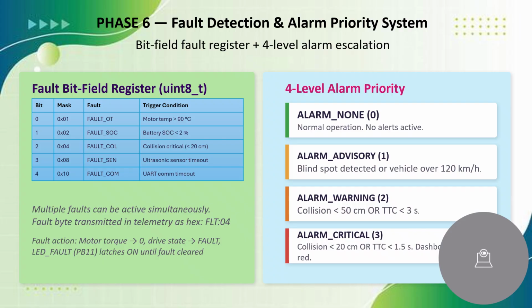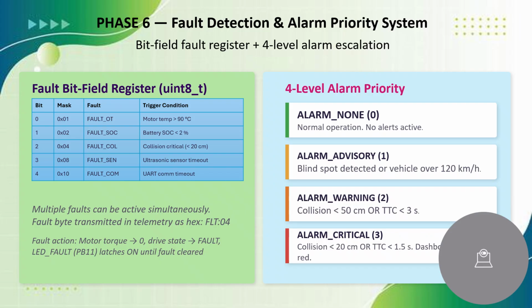These four alarm priority levels are alarm none, alarm advisory, alarm warning, and alarm critical. So these are the basic terminology of alarm priorities that helps any electric vehicle protect from injuries or accidents.